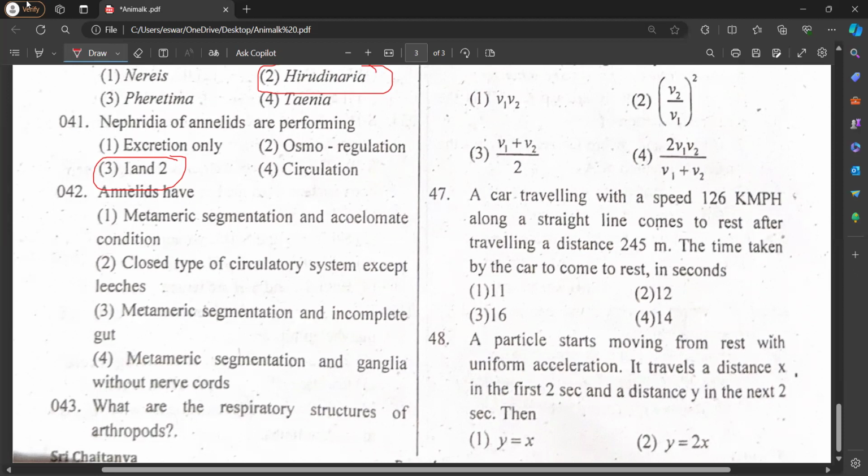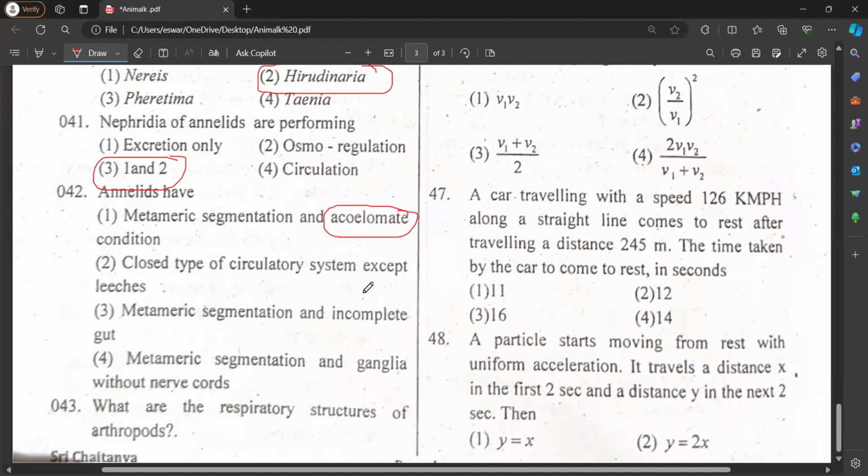Metamerical segmentation and acoelomate condition, closed type of circulatory system except leech, metamerical segmentation and incomplete gut, metamerical segmentation and ganglia without nerve cord. Therefore, metamerical segmentation, acoelomate is wrong.